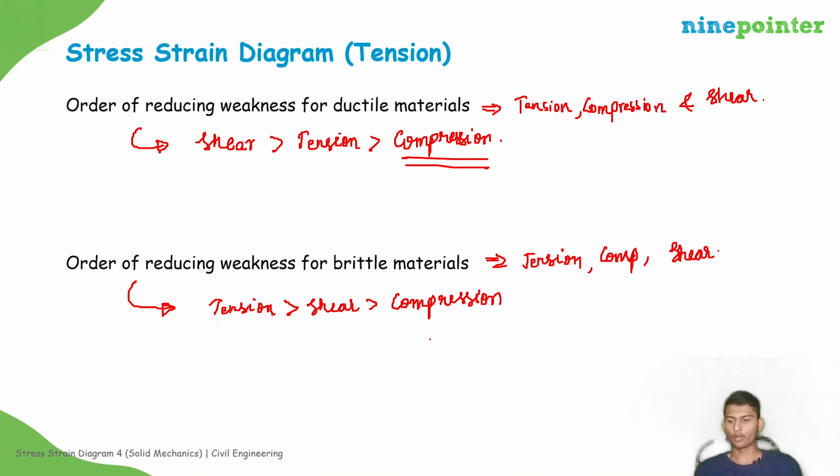Right. So in case of compression, both ductile materials and brittle materials are hard, means they are strong. But in case of shear and tension, they swap. Ductile materials are relatively weaker in case of shear, and brittle materials are relatively weaker in case of tension.